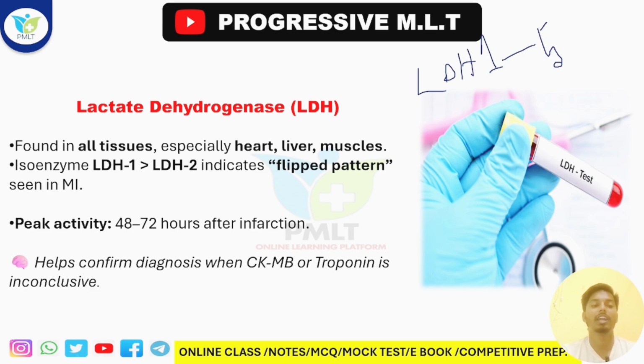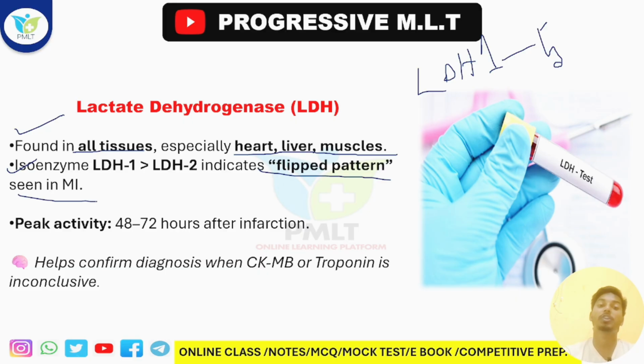All tissues contain lactate dehydrogenase, especially heart, liver, and muscle. Those are all the isoenzymes. LDH2 greater than LDH1 indicates the flipped pattern seen in myocardial infarction.